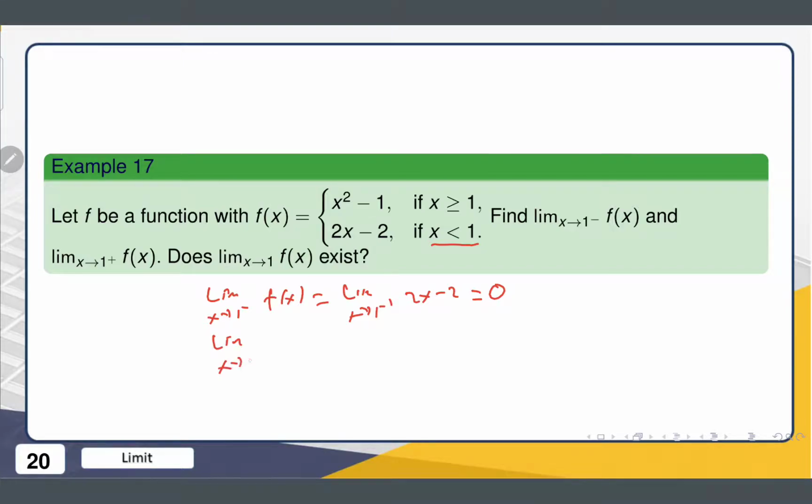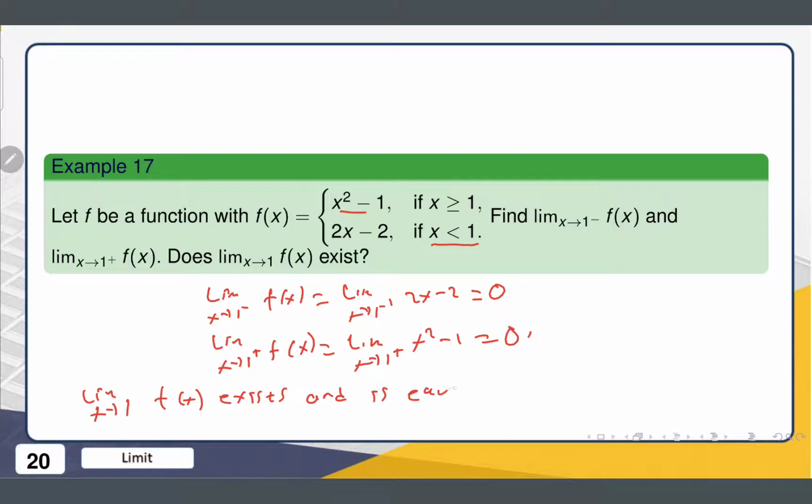And when x approaches 1 from the right, we are using x squared minus 1 because x is greater than 1, which is equal to 0. So the limit as x approaches 1 of f(x) exists and is equal to 0. Okay, hopefully that's clear enough.